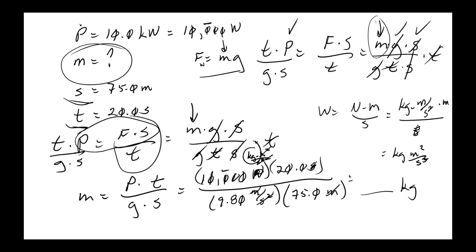Anybody? 272, is that what you said? 272 kilograms. I think she's just reading out of the book, aren't you? No, good deal. All right, excellent. 272 kilograms. Perfect. That's what the book got too.